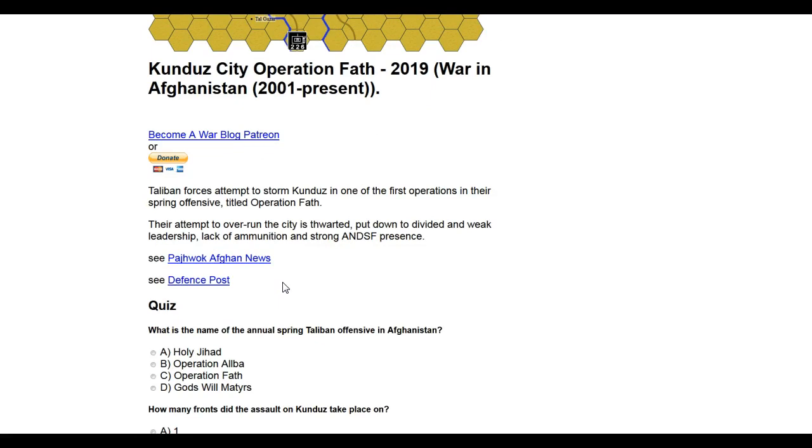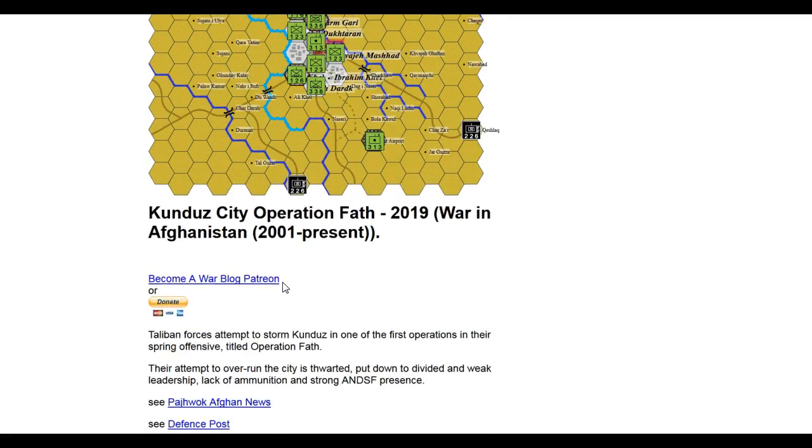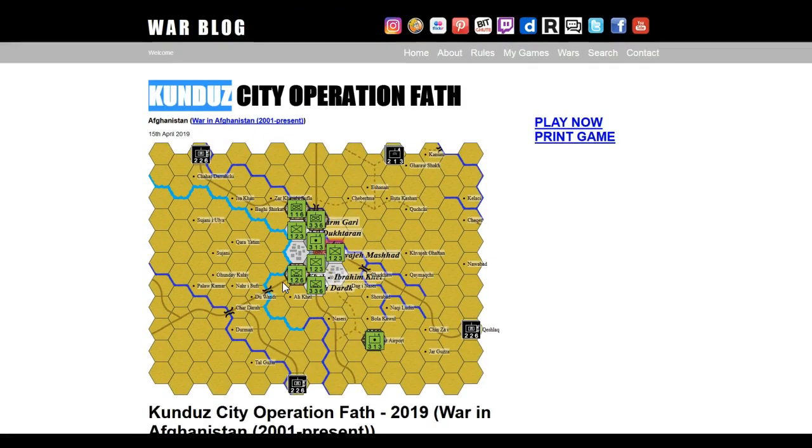I don't know where I got it from. There's a news site. I can't even remember what it's called. I'm not even going to bother trying to find it, but it's one of these sites that has all the maps with the news items put onto them.